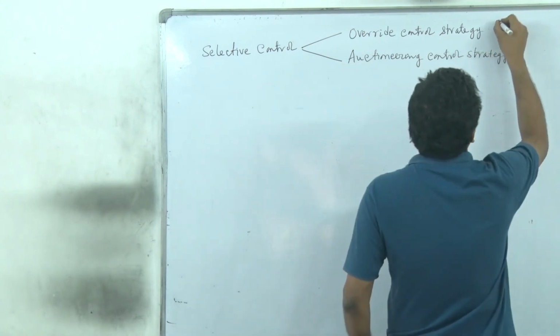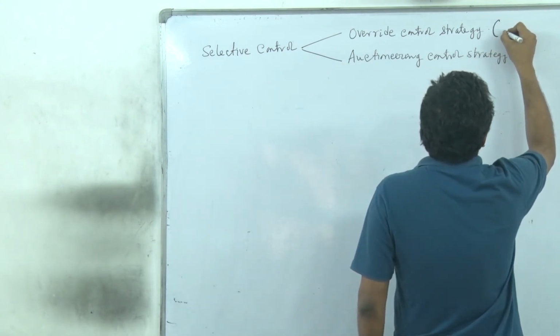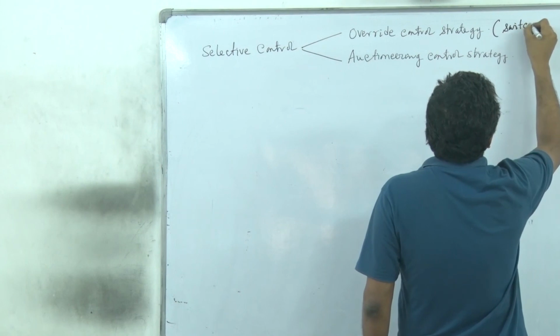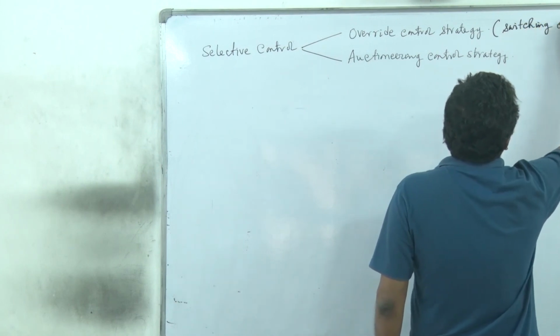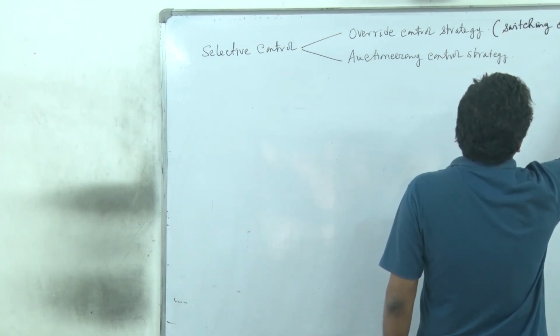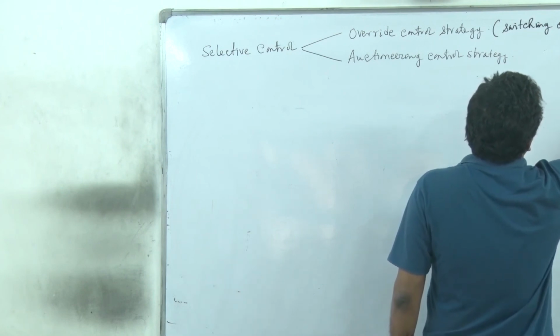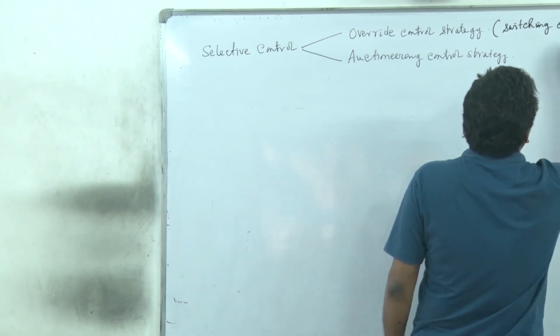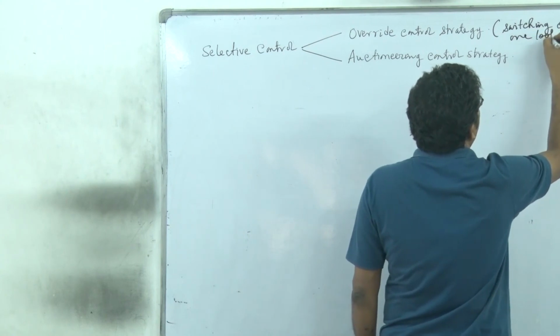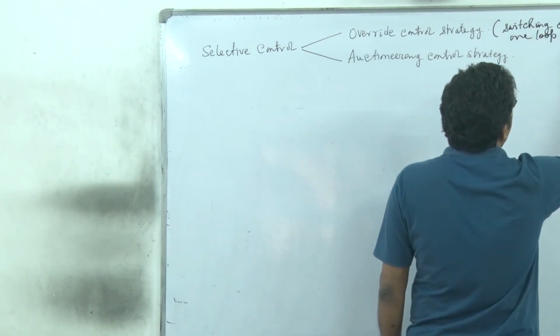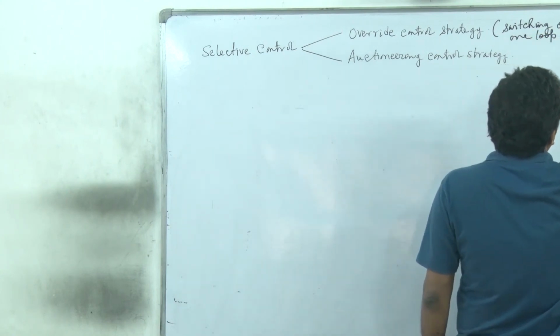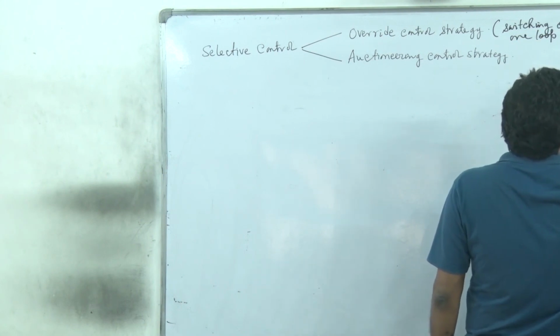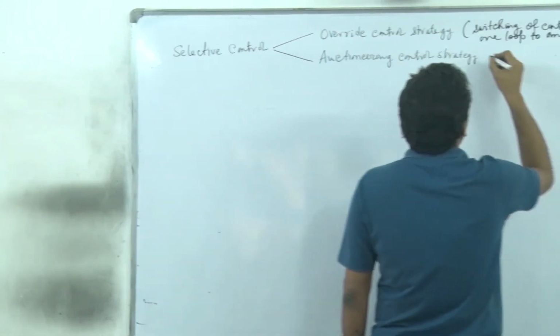So here switching of control action from one loop to another is practiced, right?